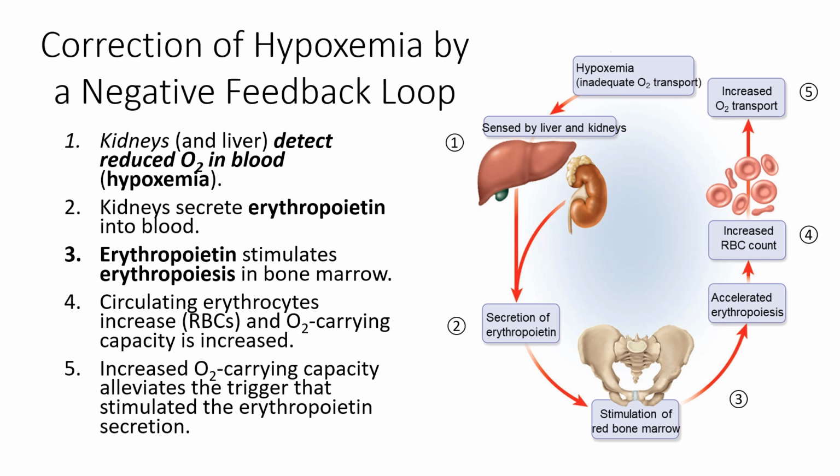So as the blood circulates throughout the body, when it arrives in the liver and the kidneys, they sense that there's a reduced oxygen concentration within the blood. As a result, the kidneys will secrete erythropoietin.